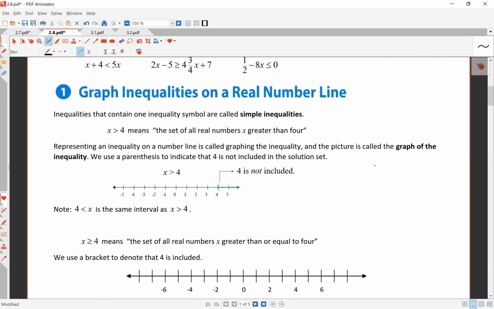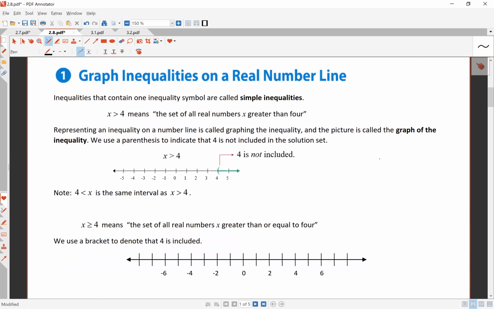And so let's look at what that means. X greater than 4 means it's all the numbers to the right of 4, but you don't get to include the 4. If it's X is greater than or equal to 4, then it's all the numbers to the right of 4, but we get to include 4.